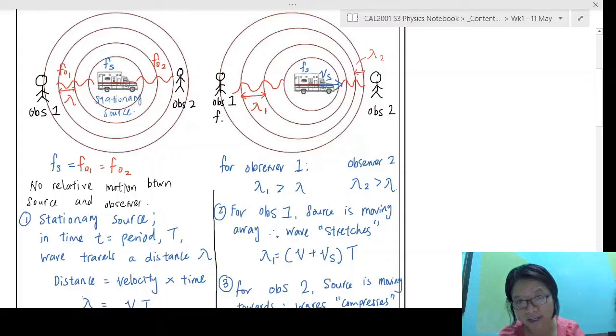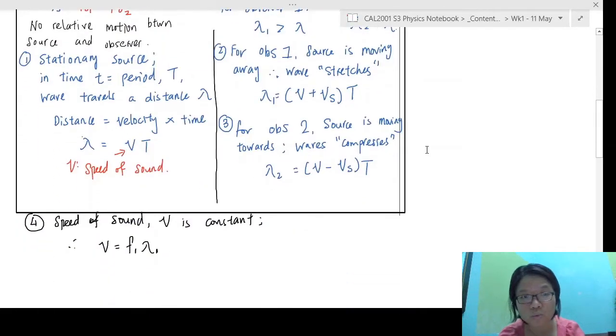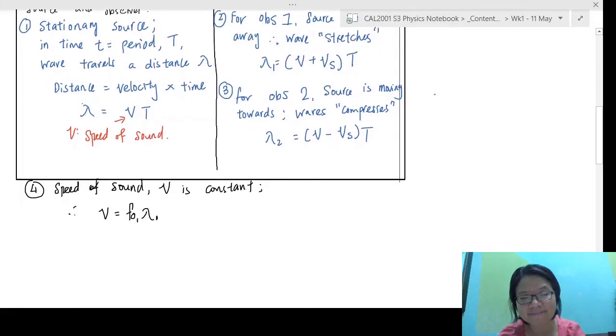Let's say observer 1 observes a frequency FO1 and observer 2 observes a frequency FO2. So V will be FO1 times lambda 1. Let's take observer 1 first. I have a value for lambda 1 in equation 2, so I'm going to substitute that in. Substitute equation 2 in.